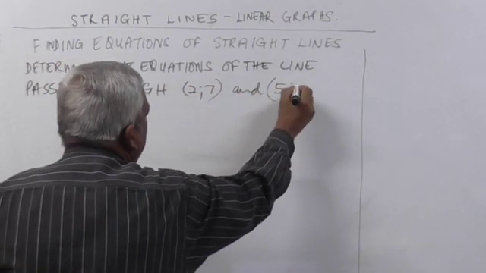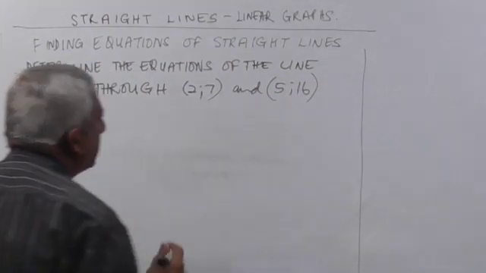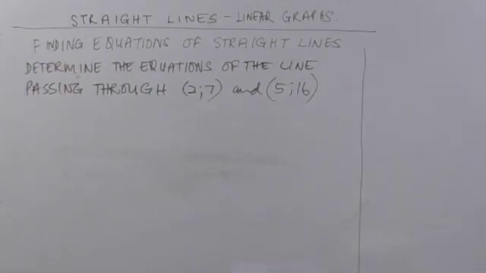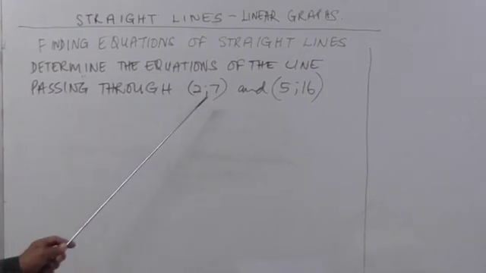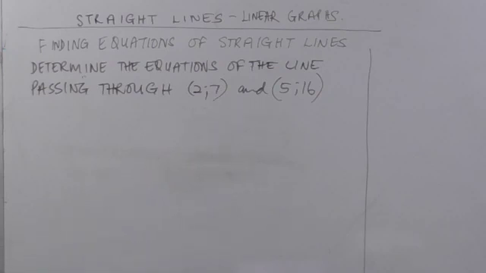Right. So, determine the equation of the straight line passing through 2, 7 and 5, 16.